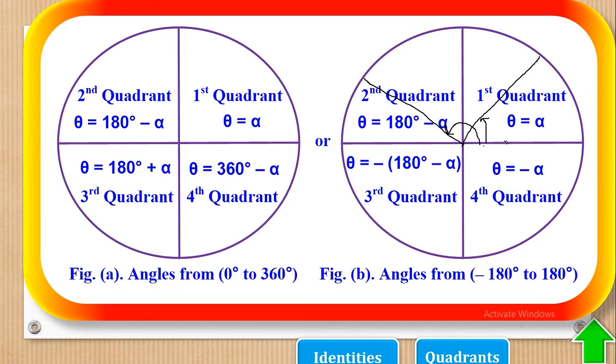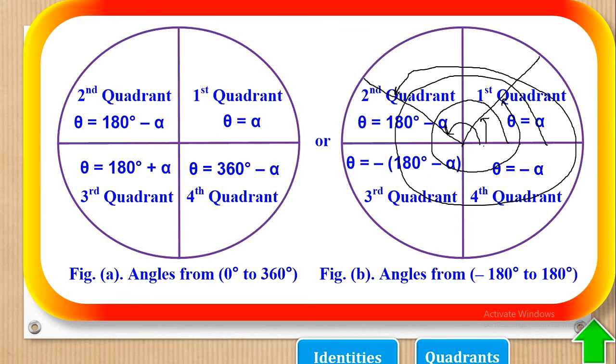It means that from here I'm going to first make a complete revolution and then go back to there. A complete revolution from here up to here is 360, so that is why we keep on adding 360 to the angles we have got. Similarly, for this, I also have to first make a complete revolution and then come back to this. So that explains why we keep on adding 360 degrees.